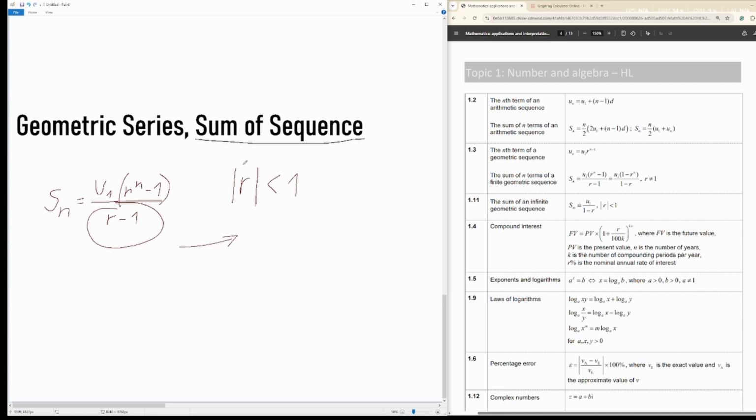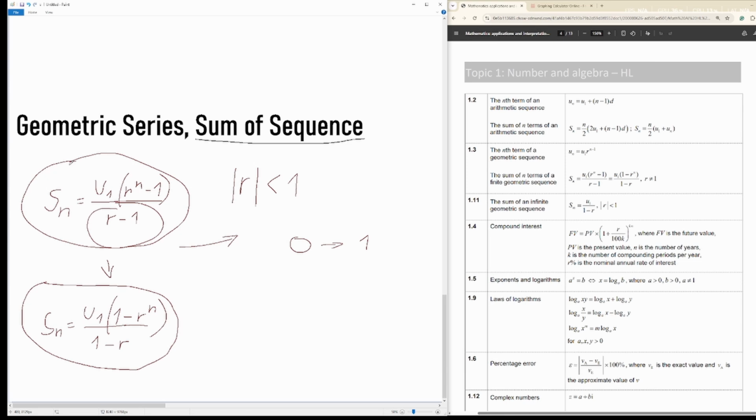Therefore, if your r is between 0 and 1, that's very important, then you have to flip the formula and you get a different formula, which is S_n equals u_1 times 1 minus r to the power of n, over 1 minus r. This you use if your r is between 0 and 1, and the other you use if your common ratio, also known as r, is bigger than 1.